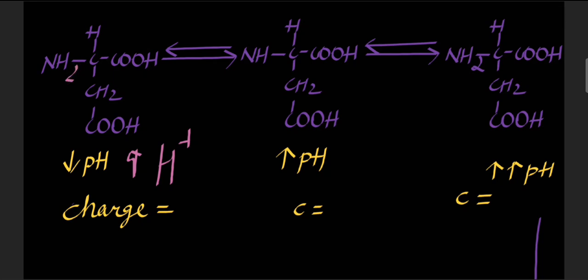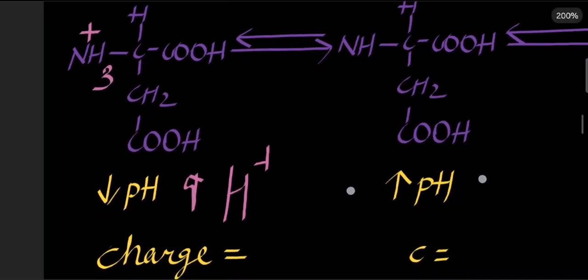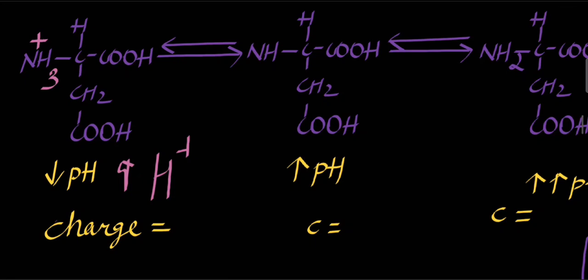What will happen now? When the hydrogen ions are very much higher in number, there is a possibility that this NH2 will be able to gain an extra hydrogen and then have a positive charge, right? This is a possibility because the hydrogen ions are very high in number, and then NH2 will be able to accept a proton and gain a positive charge. So the charge out here will be +1, right?